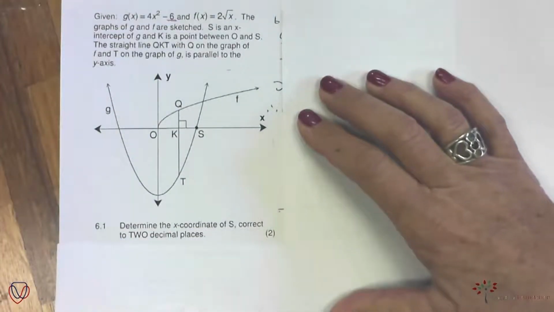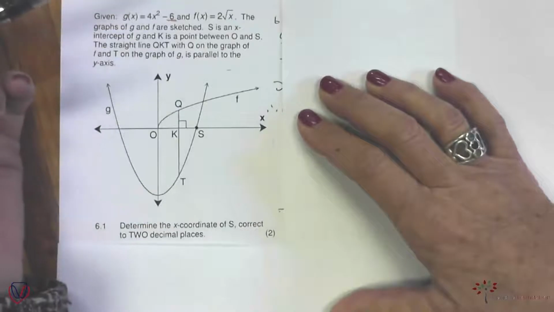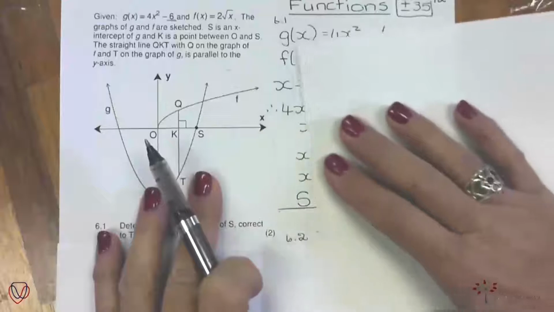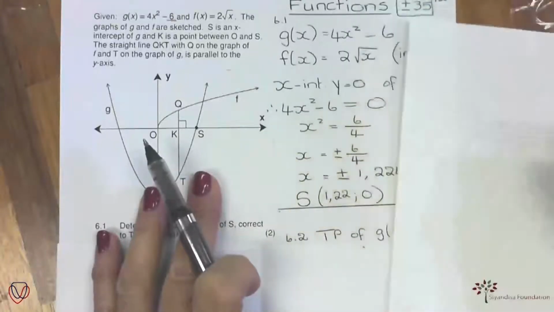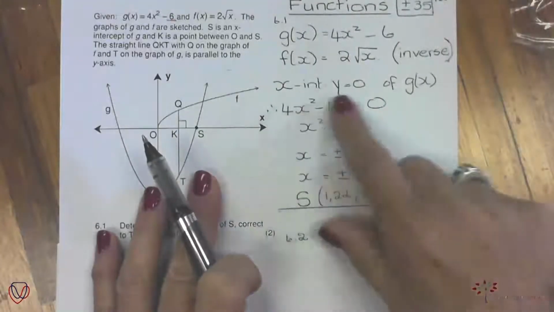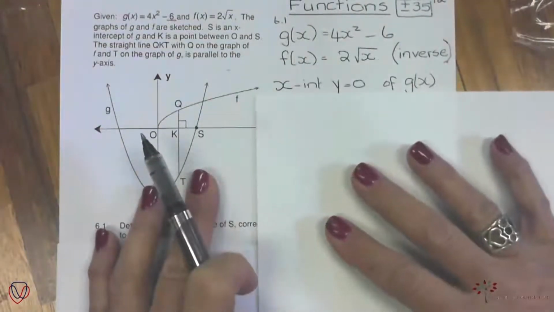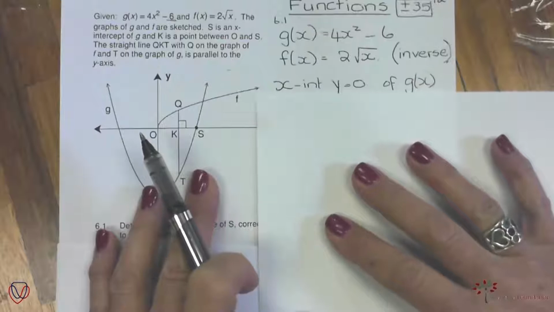Now S is an x-intercept of which graph? Of g(x). There it is. Now let's have a look. The x-intercepts, you make y 0 of g(x).